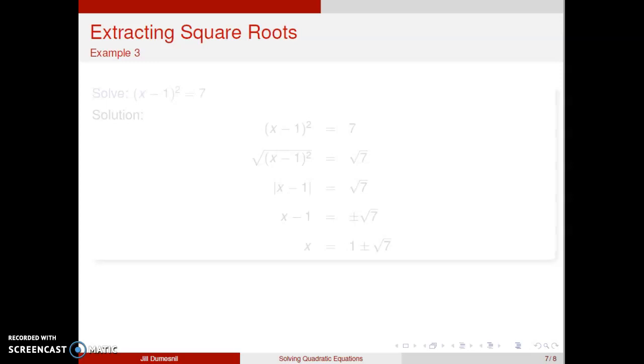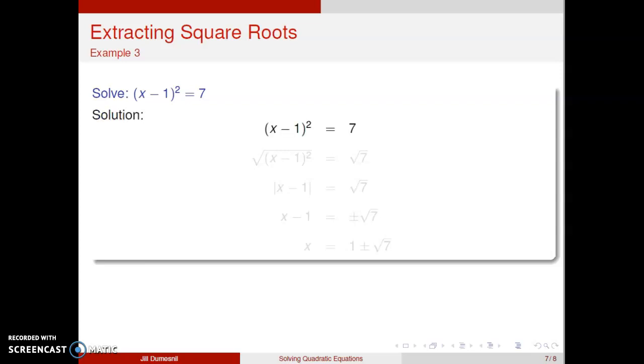Let's solve the equation quantity x minus 1 squared equals 7. This is a quadratic equation that looks very similar to our previous example. We can take the principal square root of both sides. The square root of a perfect square yields an absolute value.